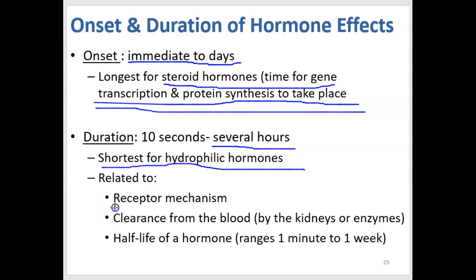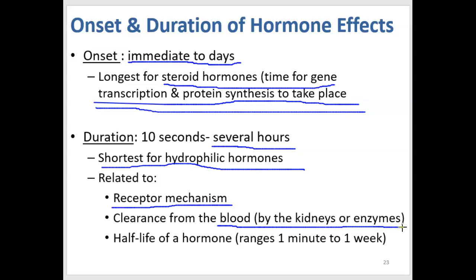So it depends on the receptor mechanism, meaning are we using G protein linked receptors or an intracellular receptor? Are we using a steroid hormone or an amino acid based hormone? So those things vary. But another thing is how fast is the hormone cleared from the blood? So the kidneys have to clear the hormone from the blood, they always do.